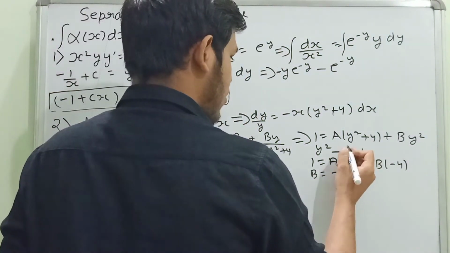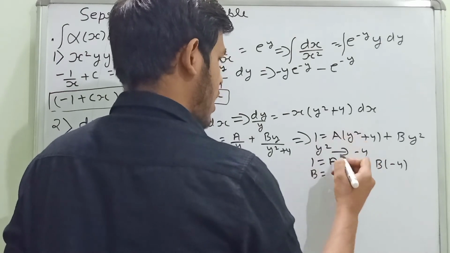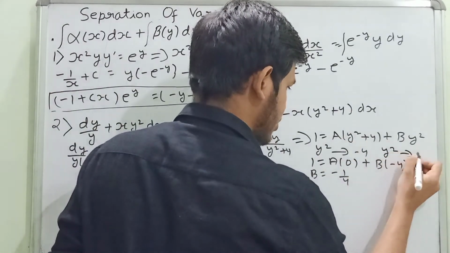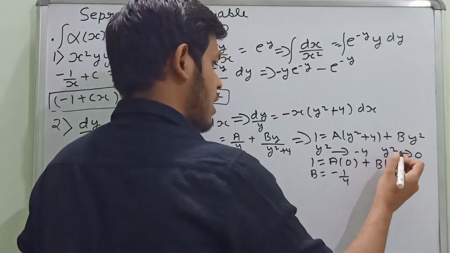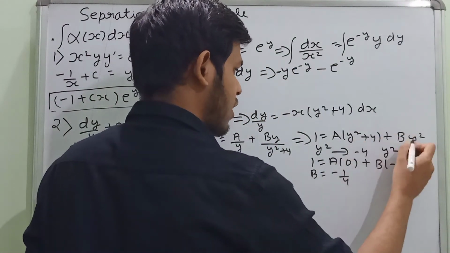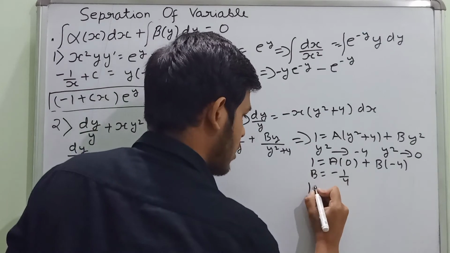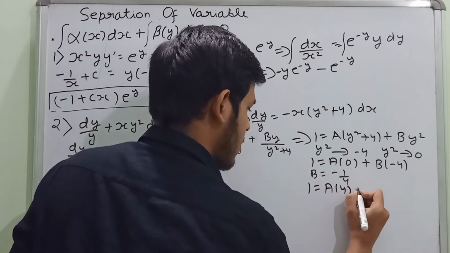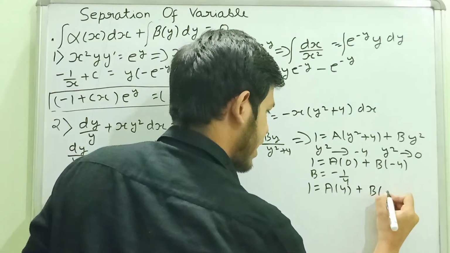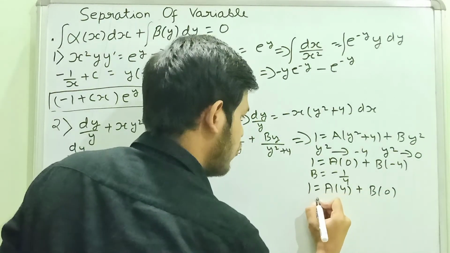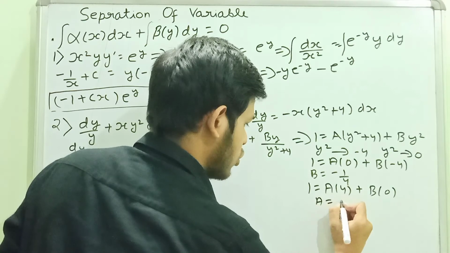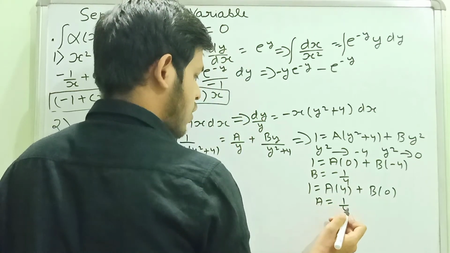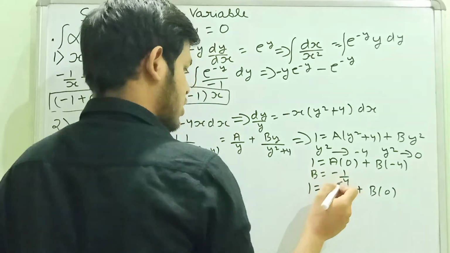In the same way, we will determine the value of a also. Now we will keep y square as 0, so this term will be eliminated. So 1 equals a into 4 plus b into 0. So the a value we get is a equals 1 by 4. So we got the value of a as 1 by 4 and the value of b as minus 1 by 4.